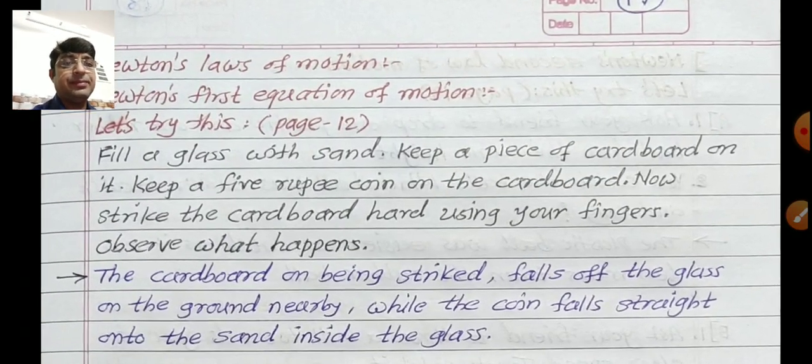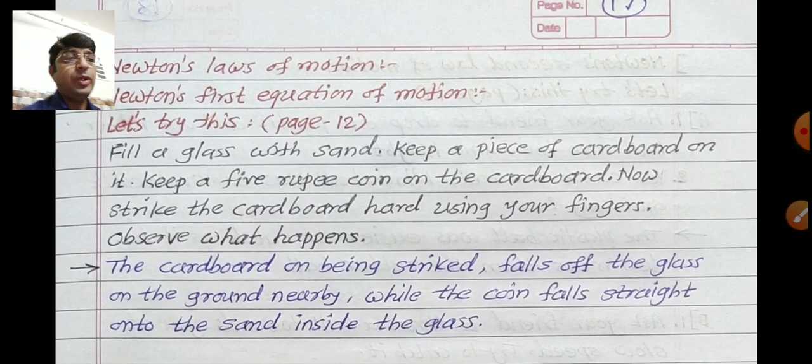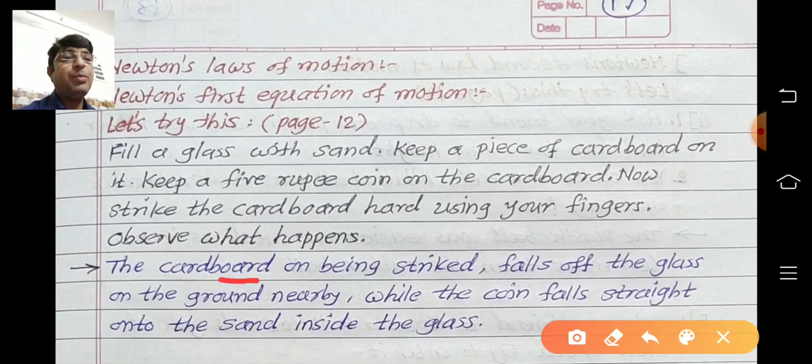Now check here, the cardboard answer. The cardboard on being struck falls off the glass onto the ground nearby, while the coin falls straight onto the sand inside the glass. Think about this: why does the coin not move with the cardboard, but instead falls directly straight onto the sand inside the glass?